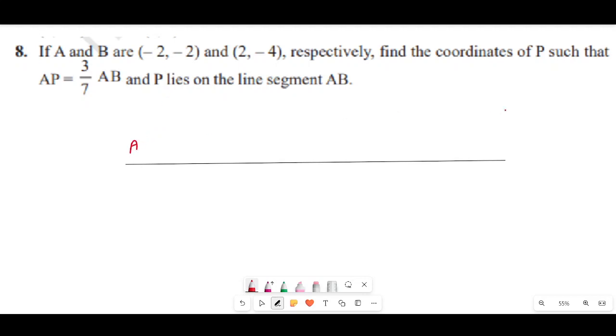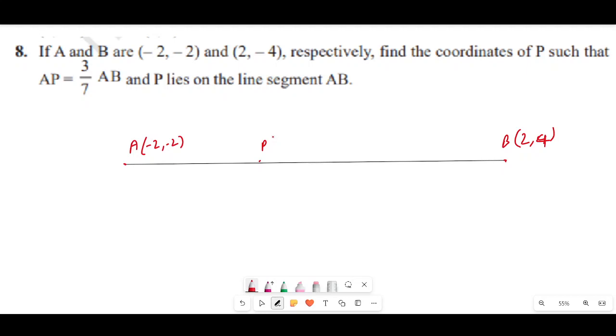Here A is given, here B is given. Suppose this is P, this is A, this is B. I have no information about P.